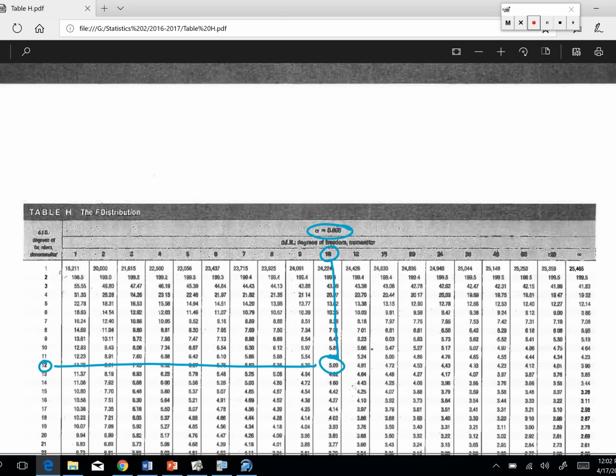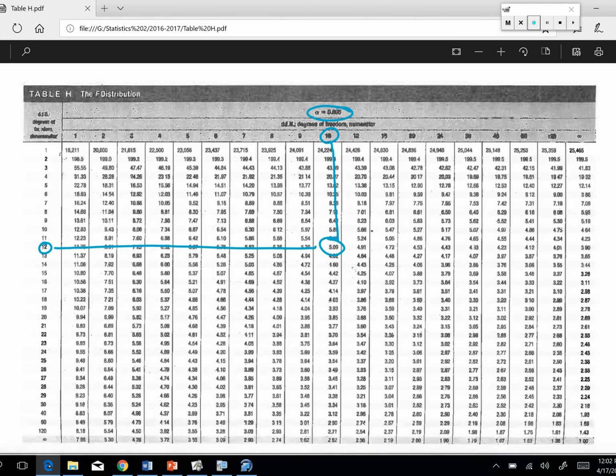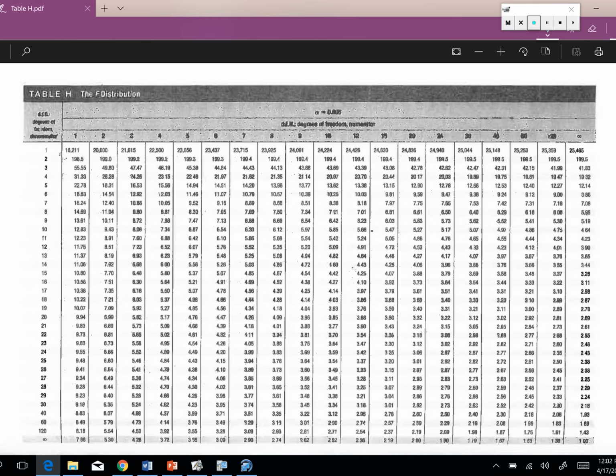And what I have to do, and I have to do this for each page of the table, is go to degrees of freedom numerator, in this case 6, and degrees of freedom denominator, 10. I have to find the given value in the table.